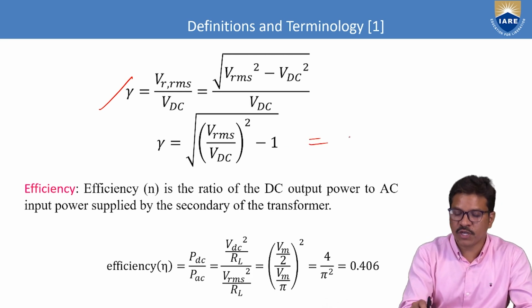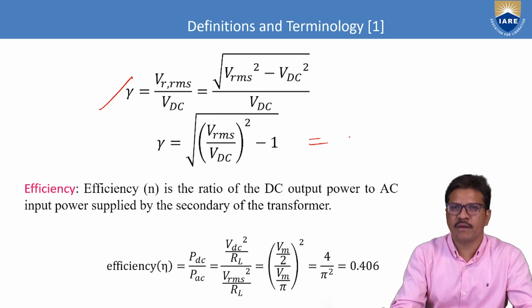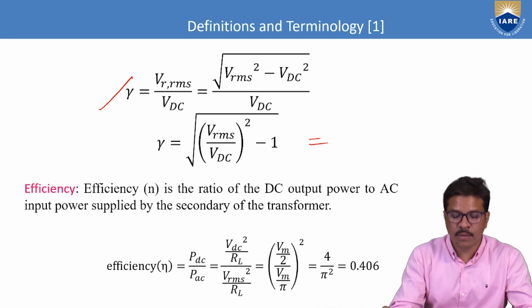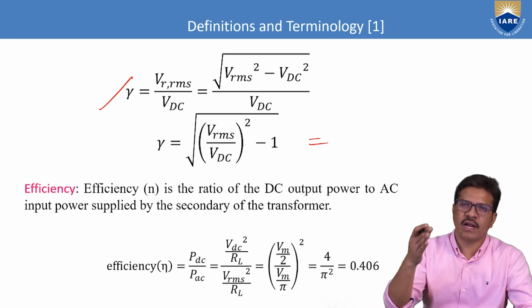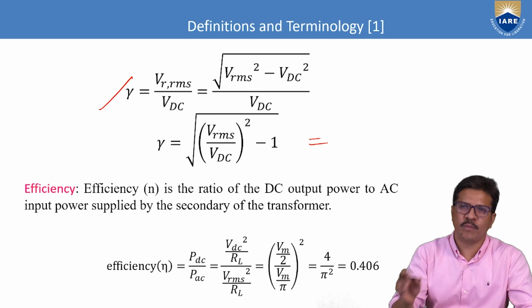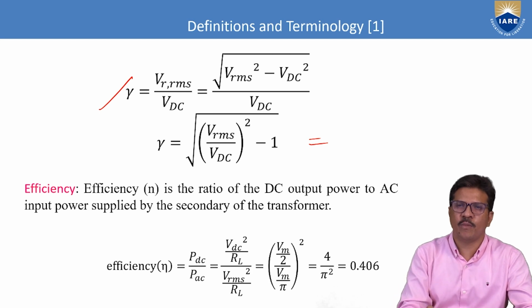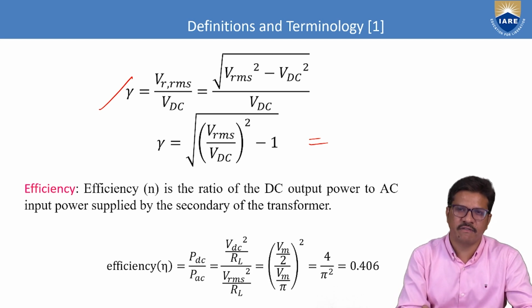You will get some factors based on that value: a half wave rectifier has about 40% ripple, and as we go to the full wave and bridge rectifier, the ripple factor gets reduced.